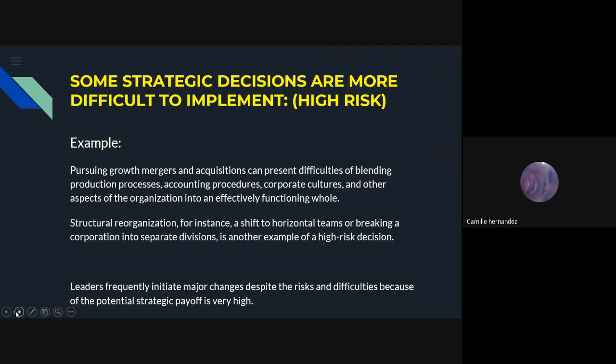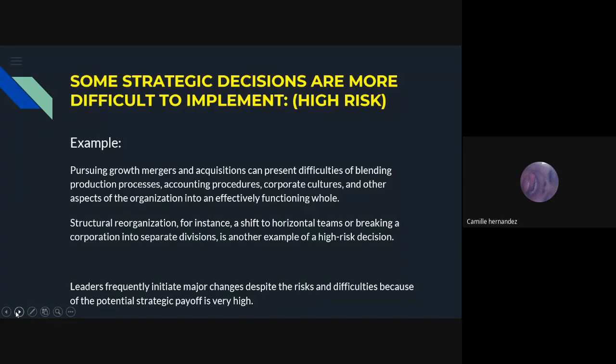And moving on to some strategies, some strategic decisions are more difficult to implement and are now considered high risk. For example, pursuing growth mergers and acquisitions can present difficulties of blending production processes, accounting procedures, corporate cultures, and other aspects of the organization into an effectively functioning whole.